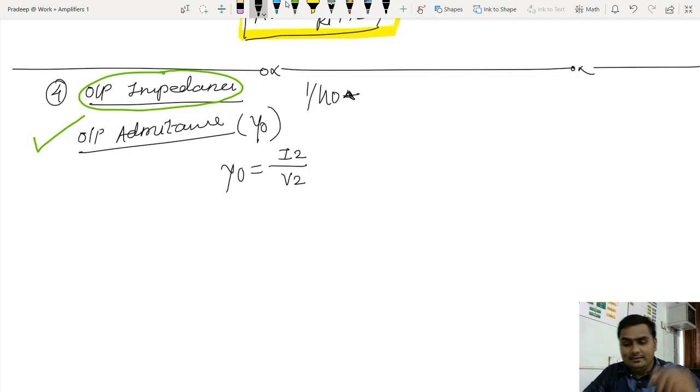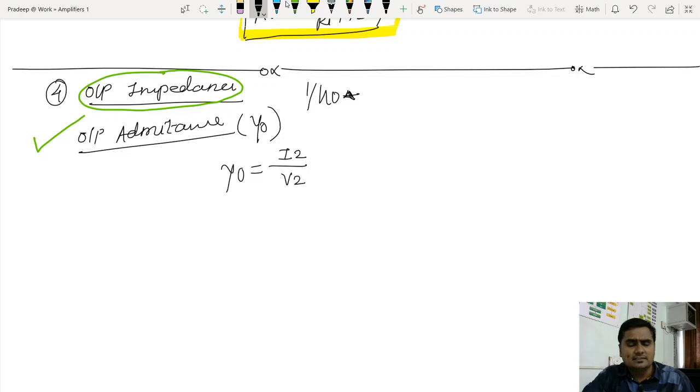And one important thing, if you are finding output impedance or output admittance, in simple language, you can find output impedance only when you short circuit the input part. To find output impedance or output admittance, you have to first make sure that the input voltage or input source is short circuited. जब तक आप इनपुट शॉर्ट नहीं करते तब तक आउटपुट का पार्ट कैलकुलेट ही नहीं कर सकते.